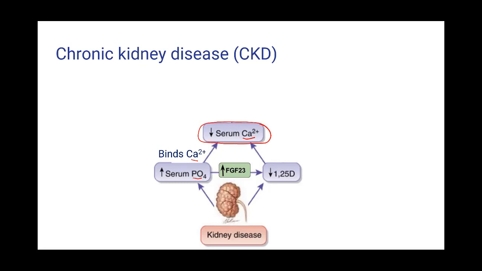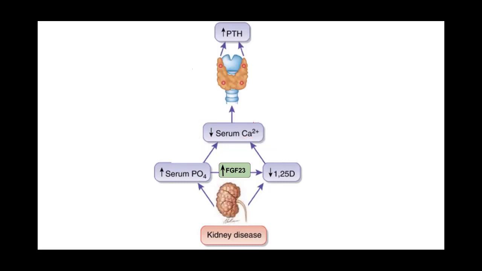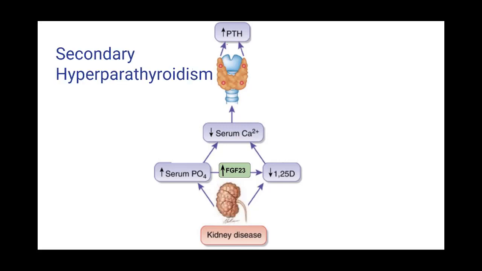And who is going to respond to this low serum calcium level in the blood? It's going to be the parathyroid hormone levels that are going to rise. The parathyroid glands are going to detect the low serum calcium levels and will bring about release of parathyroid hormone. This is called secondary hyperparathyroidism.